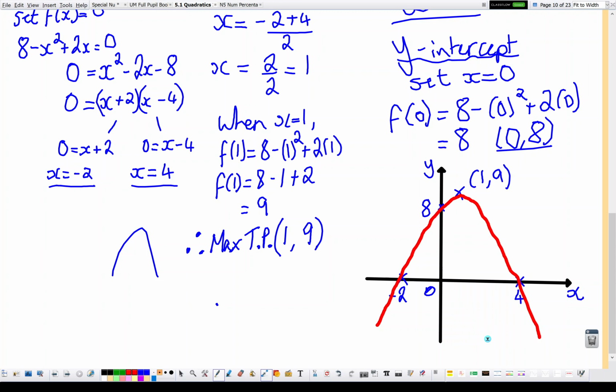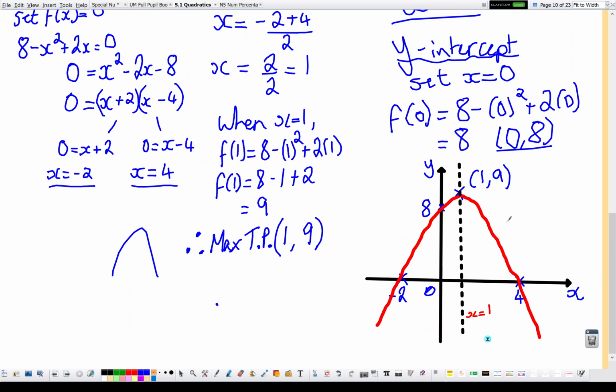Okay, and then the last thing to do is just mark on your axis of symmetry, x equals 1.